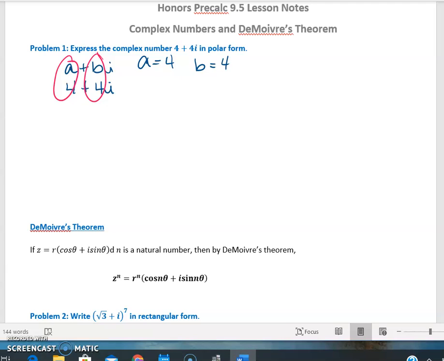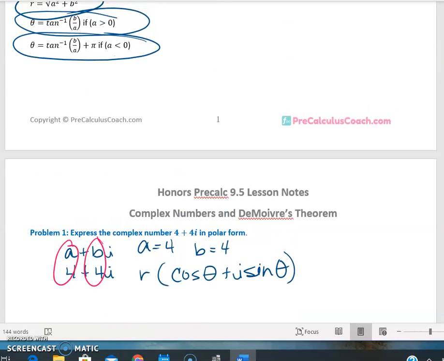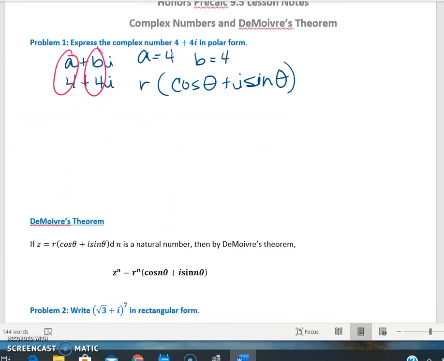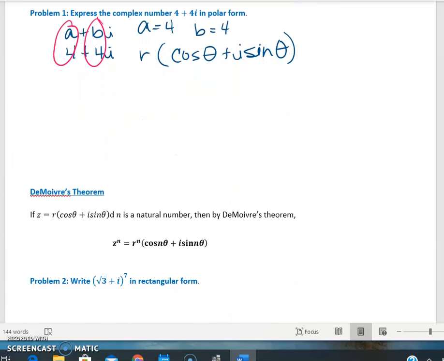Our equation in polar form is r times cosine theta plus i sine theta. Just did a little double check, make sure I didn't write it down wrong.